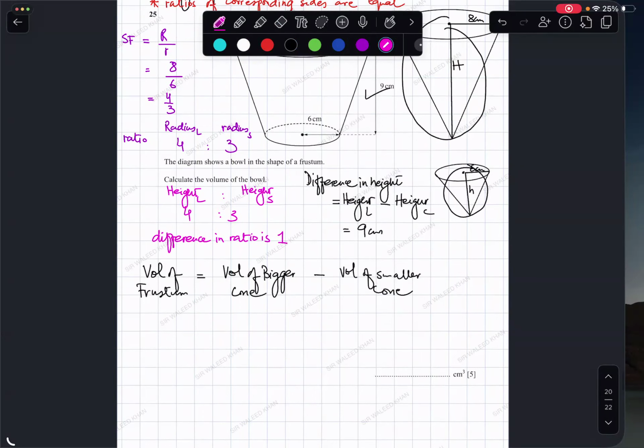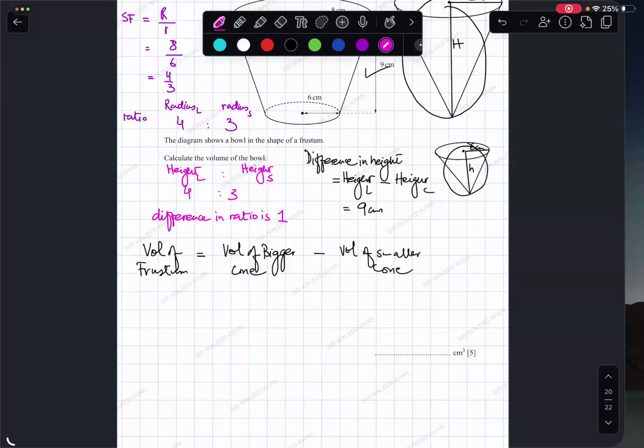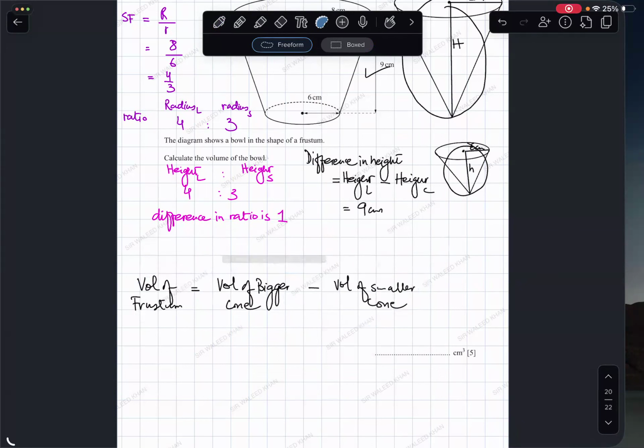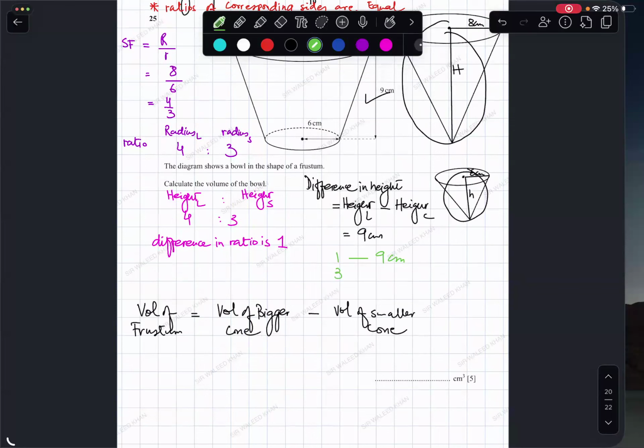Okay. So that means one part is representing how many centimeters? One part is 9. Good, well done. So one part is representing 9 centimeters. So that means 3 parts will be representing how many? 27.